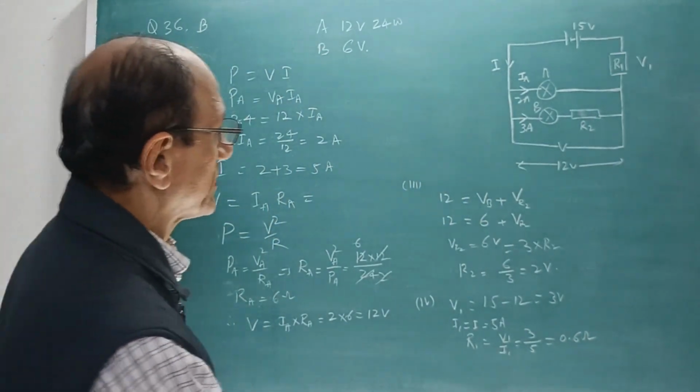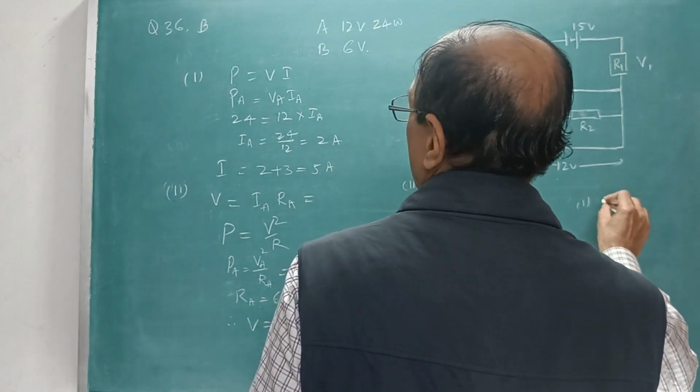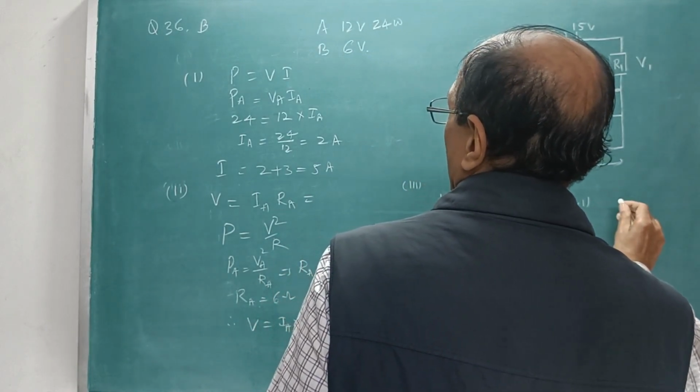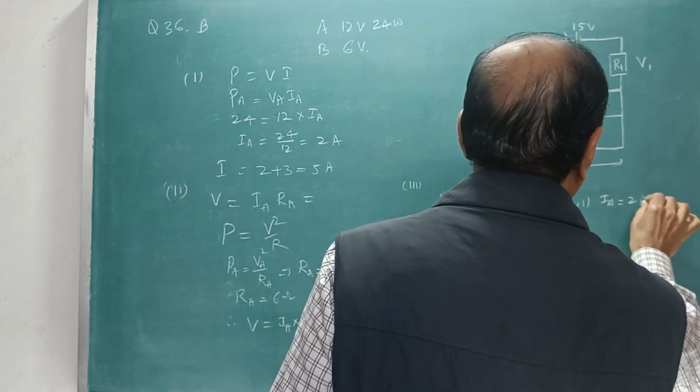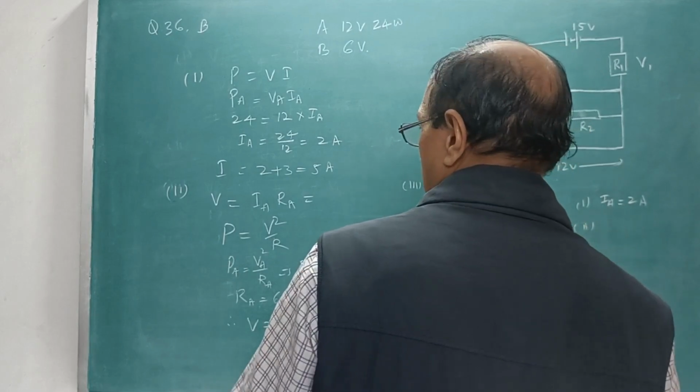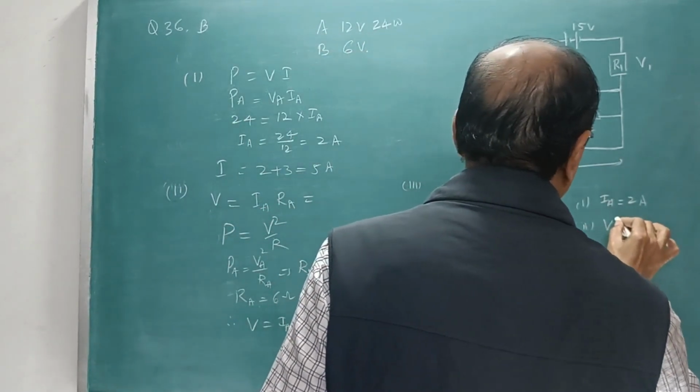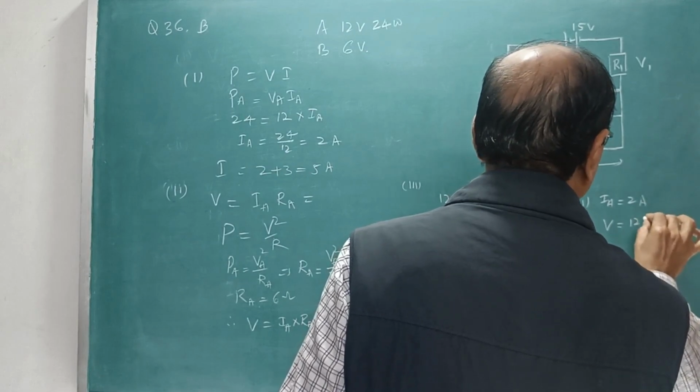So the answers are: first answer is IA equals 2 ampere. Second answer is this voltage V is equal to 12 volt.